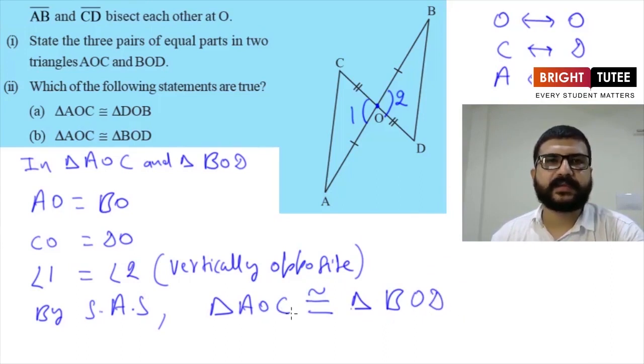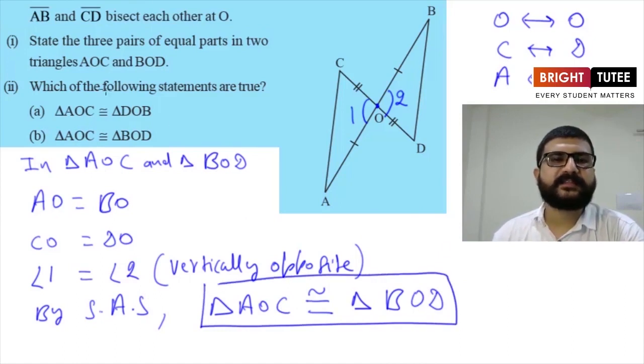So it is triangle BOD. So here we are having triangle AOC is congruent to triangle BOD. Therefore answer for the second question will be option B. That is triangle AOC is congruent to triangle BOD. This statement is the true statement. You can write it here, true.